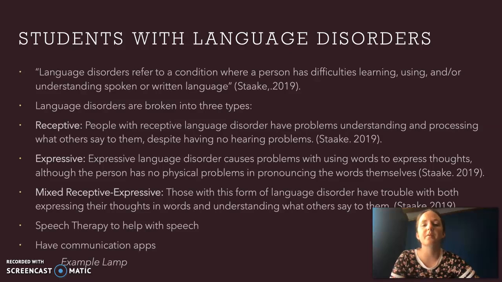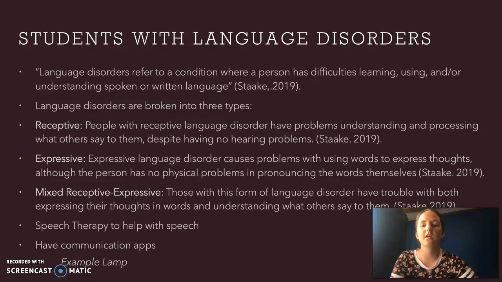People with receptive language disorder have problems understanding and processing what others say to them, despite having no hearing problems. Expressive language disorder causes problems with using words to express thoughts, although the person has no physical problems in pronouncing words themselves.